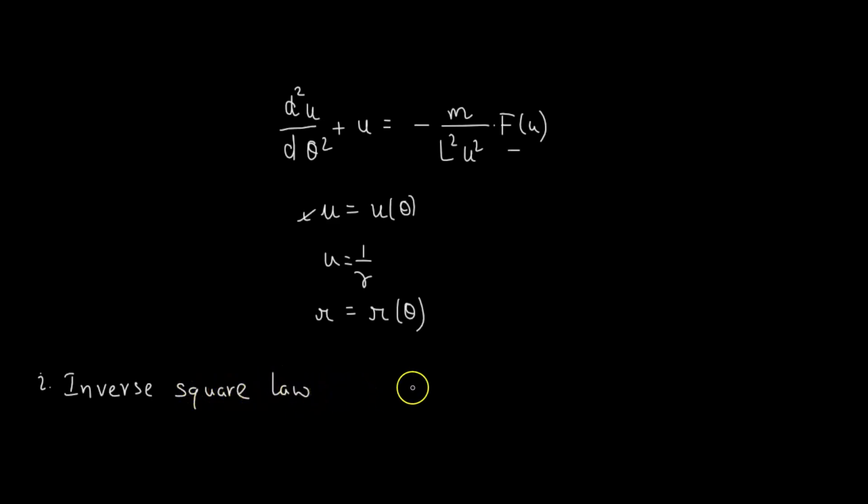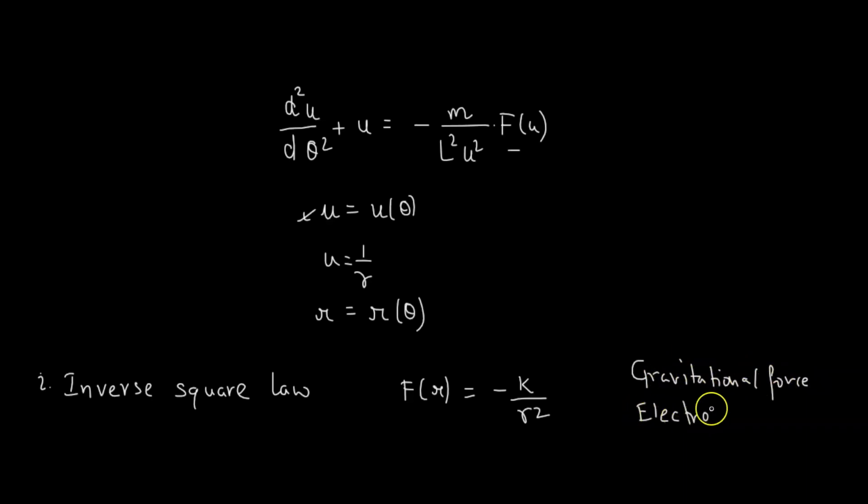Inverse square law generally means that if we have a force which is central in nature, so that means it's a function of r, it will be given by negative k, where k is a constant of proportionality, divided by r squared. There are usually two types of forces that follow the inverse square law: one is the gravitational force and the other one is Coulomb's electrostatic force.